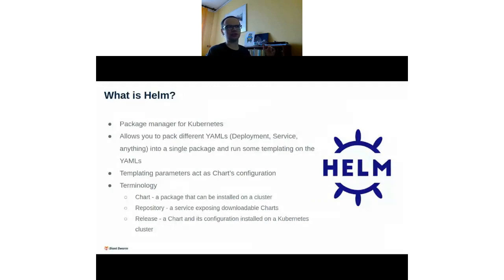A repository is just a remotely available storage that holds all the charts, and it is possible to download them from there. Simple as that. And a release is a chart that got its configuration and was deployed to a Kubernetes cluster. So it's a configured chart that is already deployed to a cluster. This can get pretty important because later we will be talking about charts and releases.